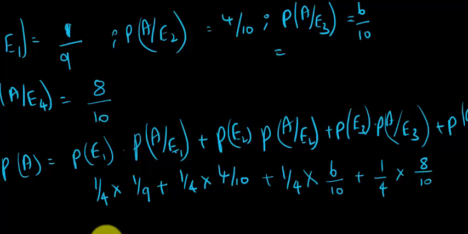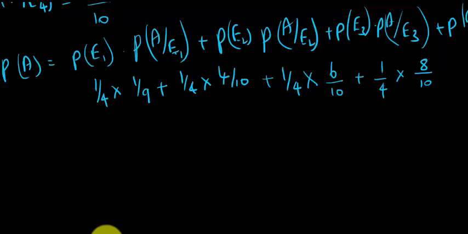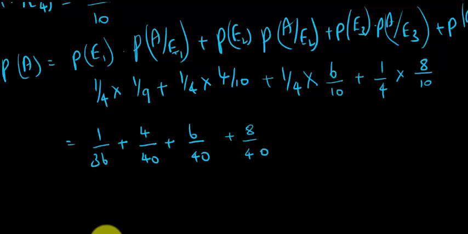So that's my probability. I'm just going to sum that up very quickly. It's going to be 1/36 plus 4/40 plus 6/40 plus 8/40.